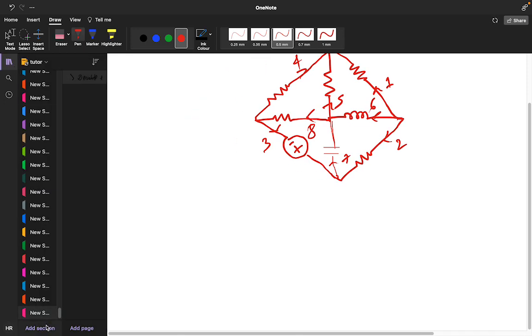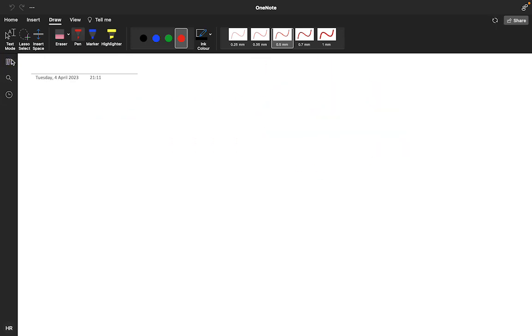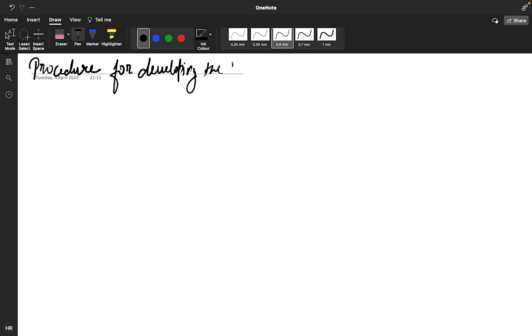Now write it down. Procedure for developing the cut set matrix. How we will develop the cut set matrix? First you need to develop a graph from the given network.